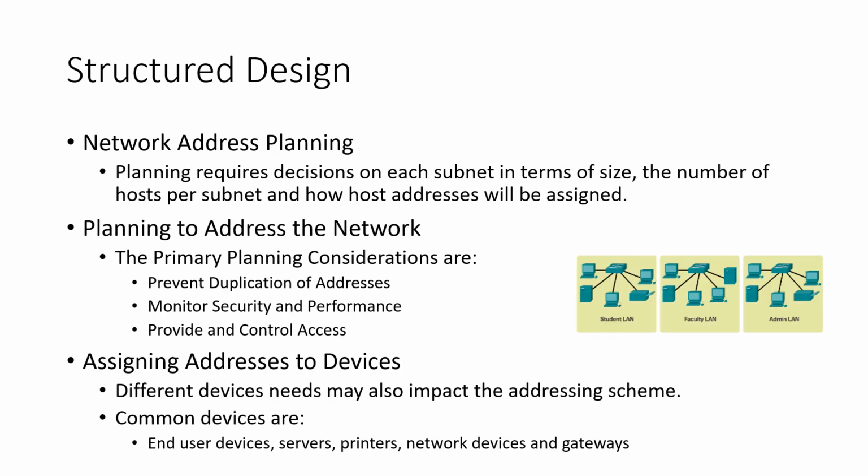Okay, structured design. Network address planning. Planning requires decisions on each network in terms of size, the number of hosts per subnet, and how host addresses will be assigned. The primary planning considerations are to prevent duplication of addresses, monitor security and performance, provide and control access, and assign addresses to devices.